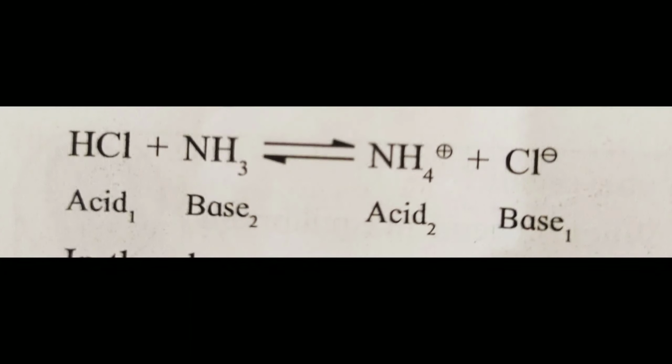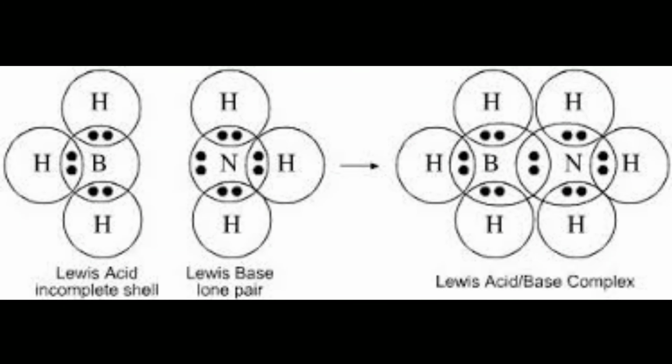In this, HCl is an acid and NH4+ is an acid, NH3 is a base and Cl- is a base. Third example is the BH3 and NH3 molecule for Lewis theory. In this reaction, BH3 acts as a Lewis acid because it accepts a shared pair of electrons, and NH3 is a base because it donates a shared pair of electrons.